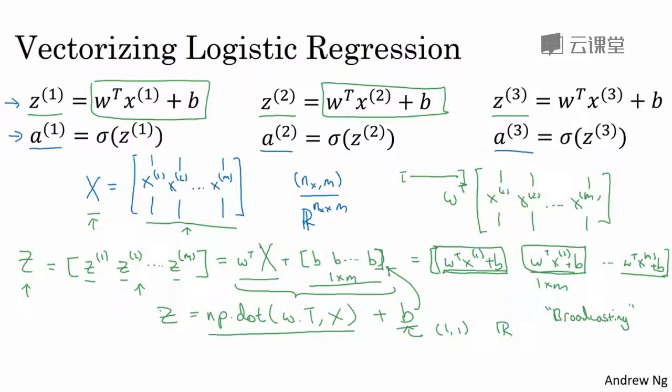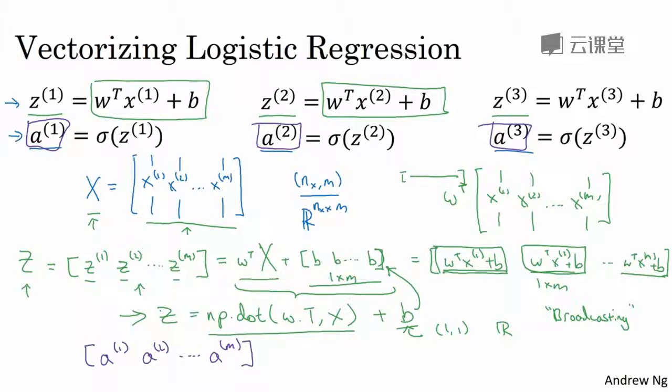But the takeaway is that with just one line of code, you can calculate capital Z, and capital Z is going to be a 1-by-m matrix that contains all of the lowercase z's, lowercase z1 through lowercase zm. So that was Z. How about these values, A, right? What we'd like to do next is find a way to compute A1, A2, and so on through Am all at the same time.